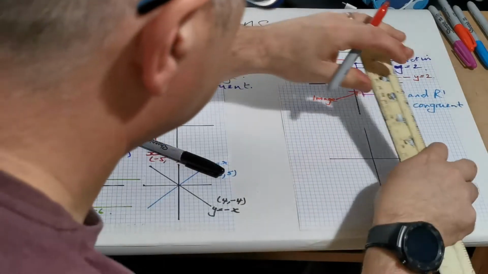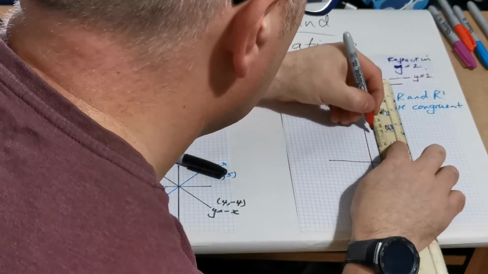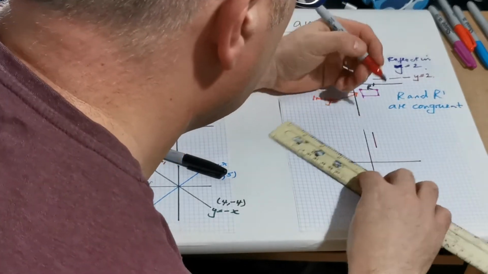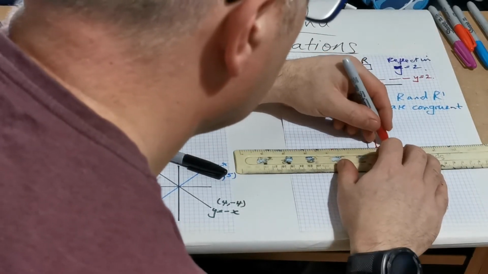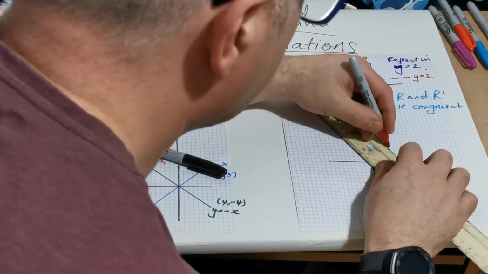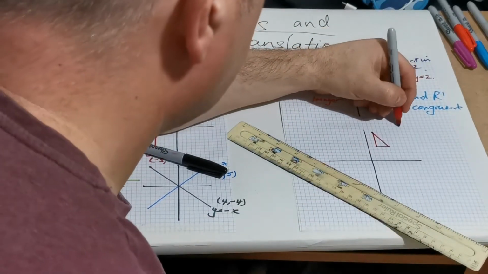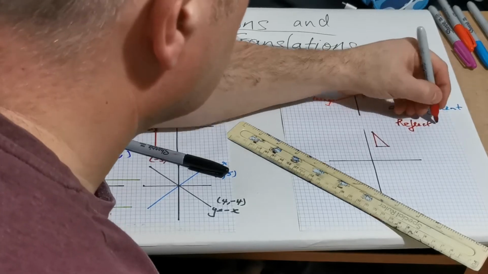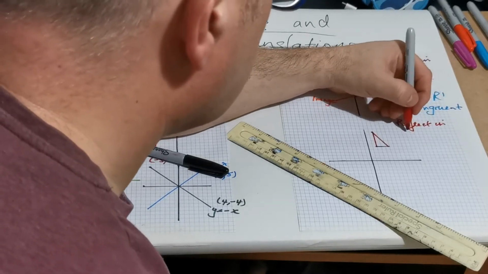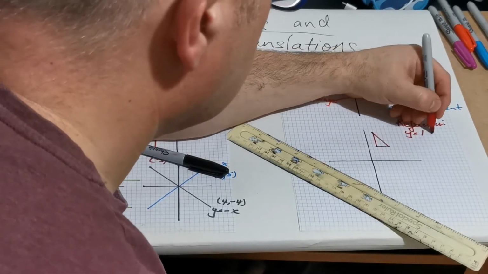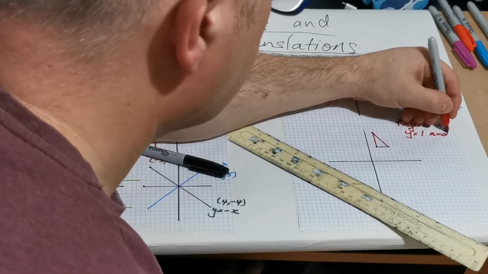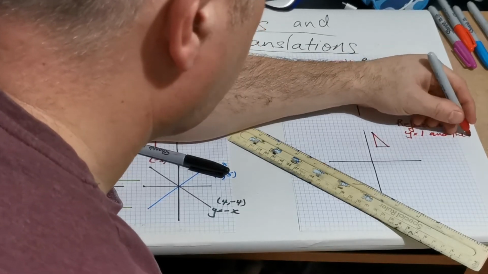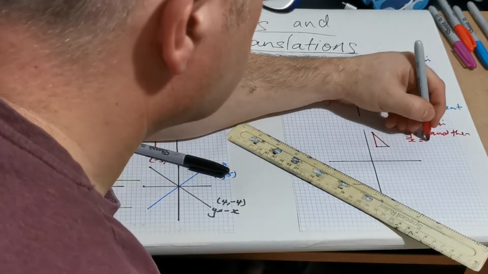Let's look at this one. I'm going to say reflect in y equals 1 and then x equals minus 1.